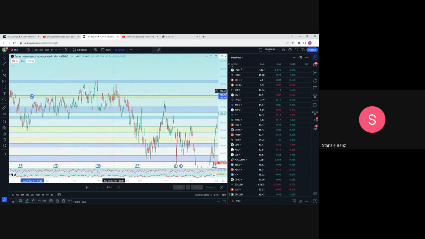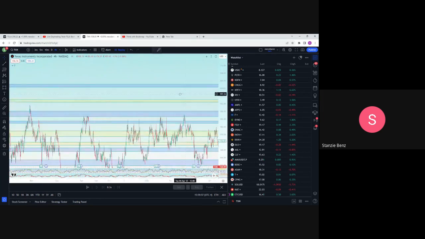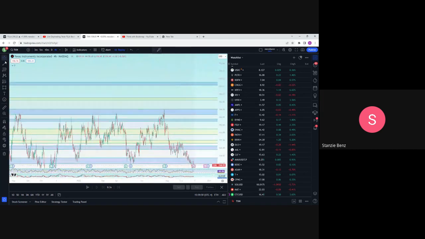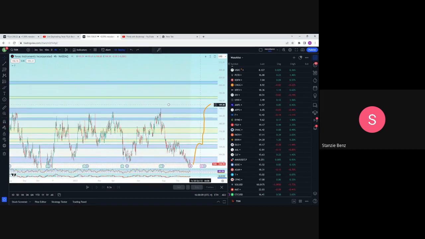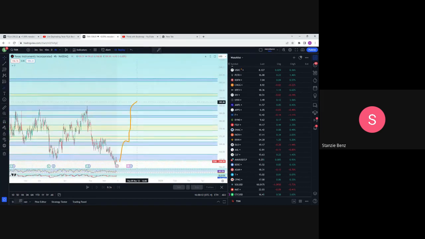Let's pretend the zone is accurate for now. I'm trying to cover all these bounces. And then let's say one day price comes, does this, and then it does this and bounces.